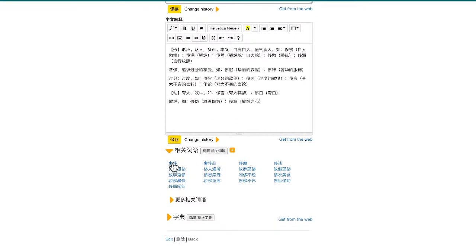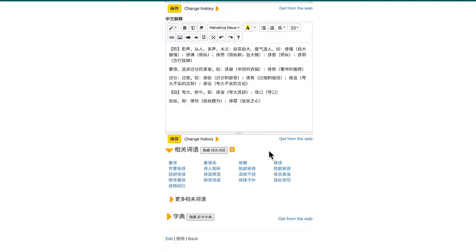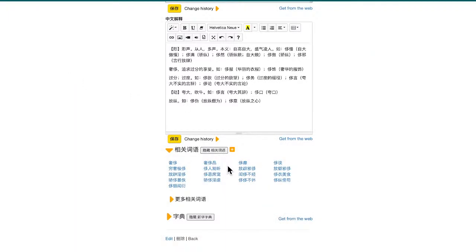Most common one is 奢侈品. 奢侈 means extravagant, luxurious, wasteful. Okay, and then 奢侈品 means luxury article. Okay, article of luxury. All right, we call it 奢侈品. And so all the other idioms and this character pretty much just mean that.